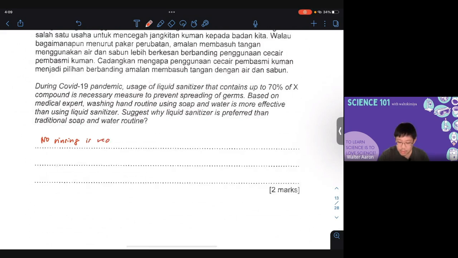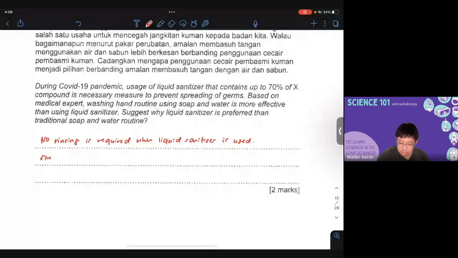is required when liquid sanitizer is used. They'll give you 1 mark because that's the advantage. And then you can also say that it is easier to carry around.